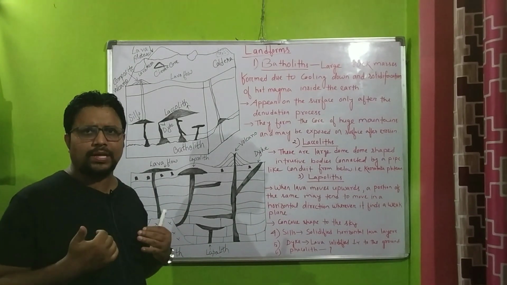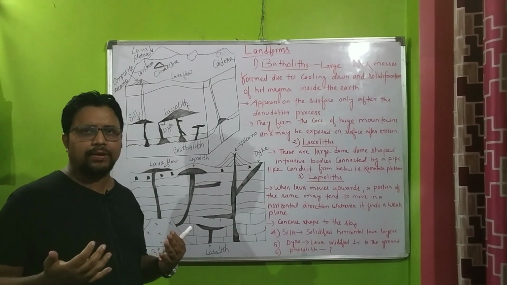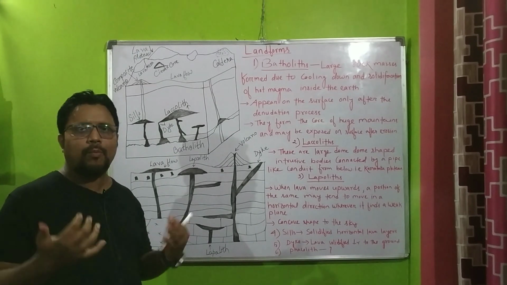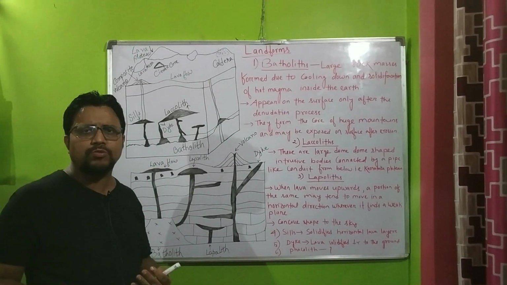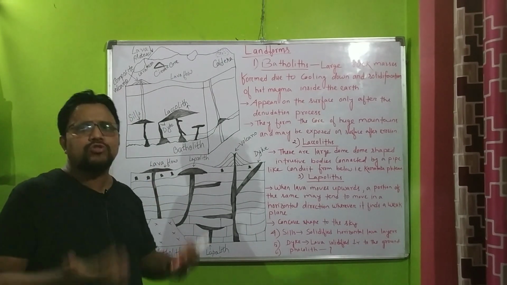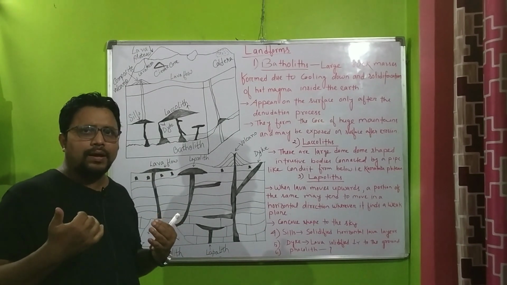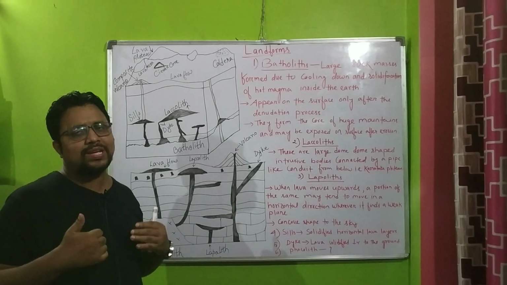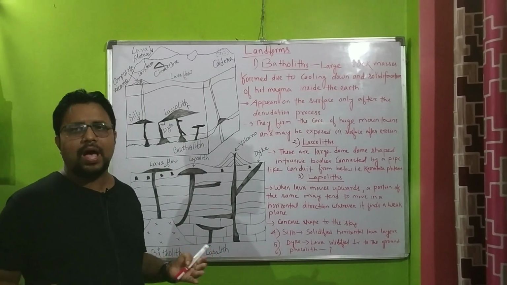Now, I will discuss the various landforms formed by the volcanoes. There are two types of landforms formed by the volcanoes. One is extrusive landforms, another is intrusive landforms. Extrusive landforms are found on the surface of the earth, which means these landforms are visible to us.